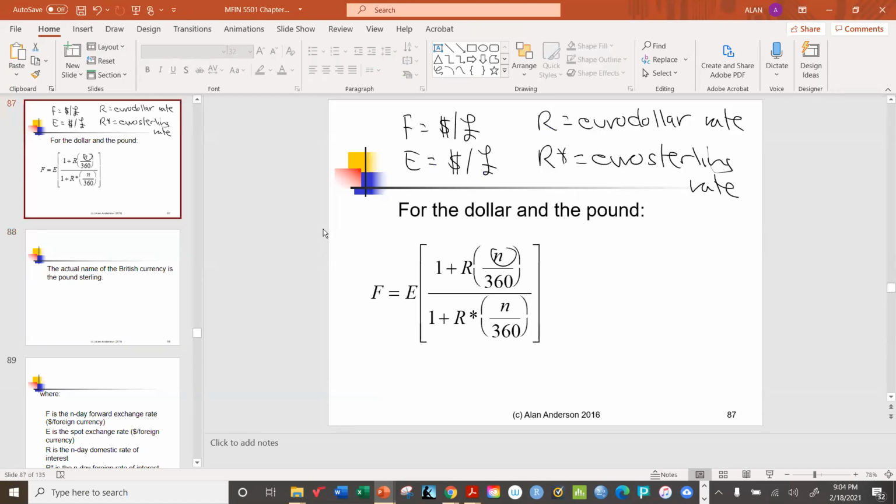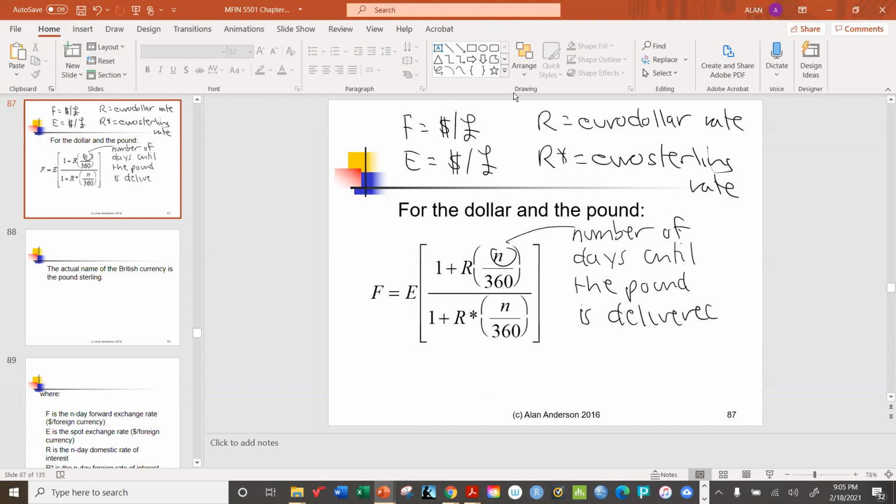So if I'm going to calculate the forward exchange rate between the dollar and the pound, this is the formula that I'll use. And I've got to make sure that I'm consistent here. If I'm using the quotes in dollars per pound, which we will be doing throughout this book, then R becomes the US rate or euro dollar rate. R star must be the euro sterling rate. And N is the number of days until the currency is delivered. In this case, the pound is delivered through this forward contract.